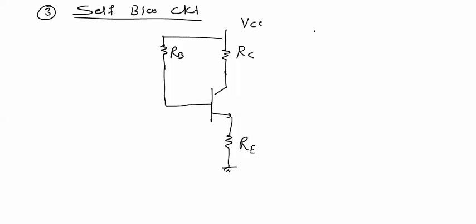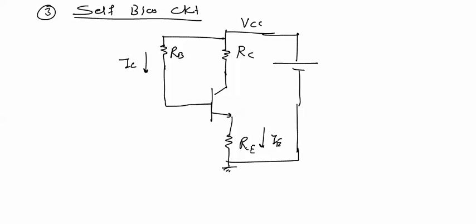Now in this circuit we have one advantage. If you mark the currents IC, IE, now if you apply KVL in this base emitter loop, before applying KVL we will replace this VCC with a battery. Now we'll start the analysis.